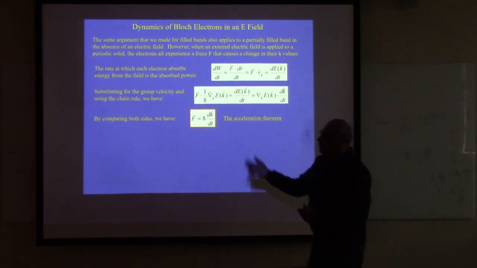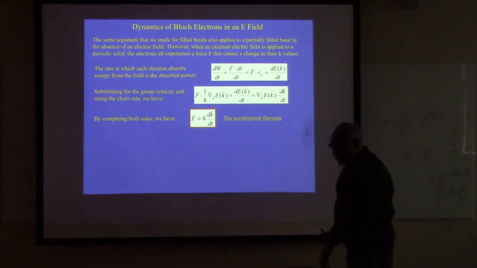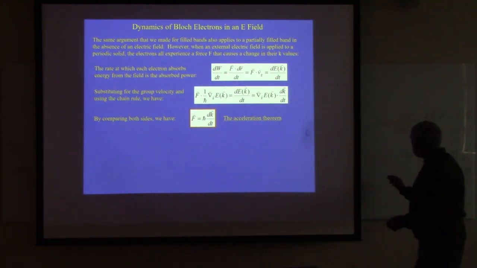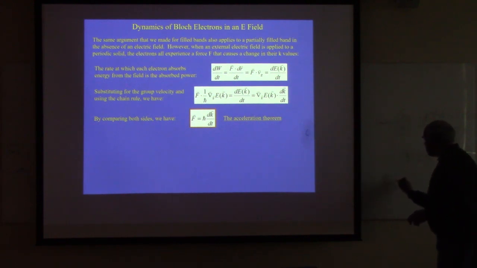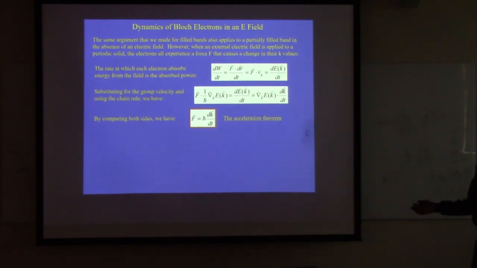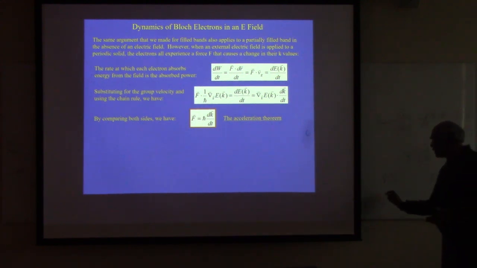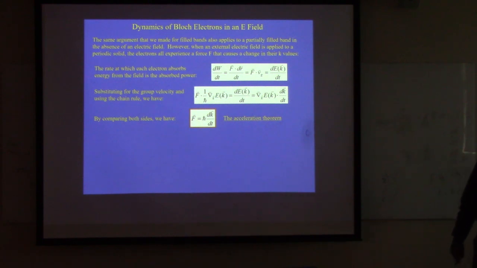It's not easy, actually it's difficult to do in real space. In real space you need to know how position changes with time, right? But this is very difficult to do. But you can easily calculate how the wave vector changes with respect to t. So that's what this acceleration theorem is about.